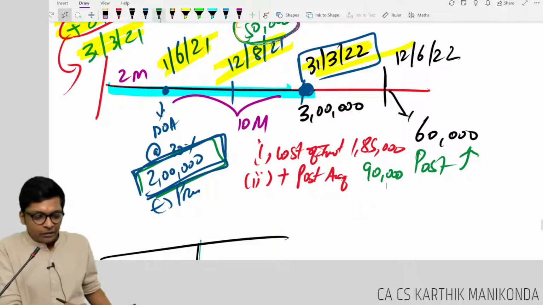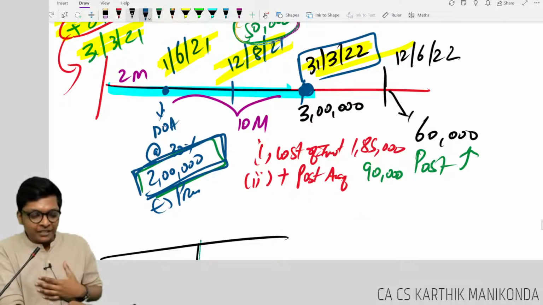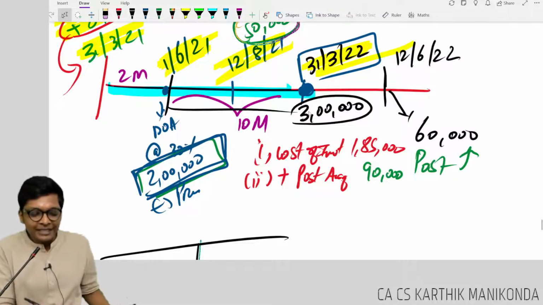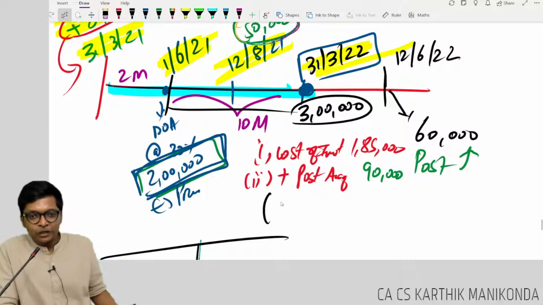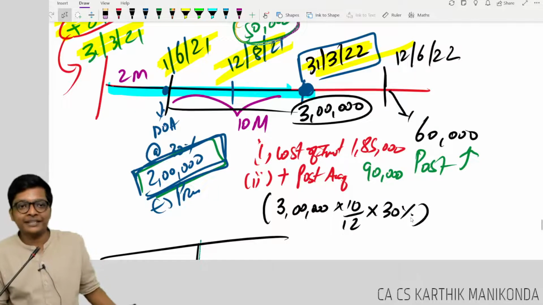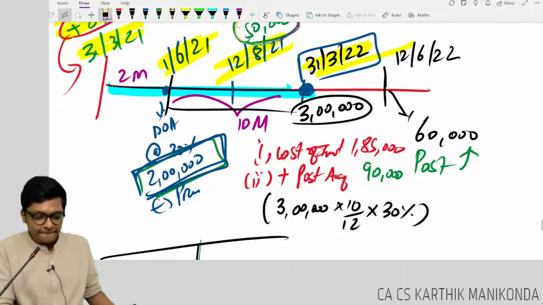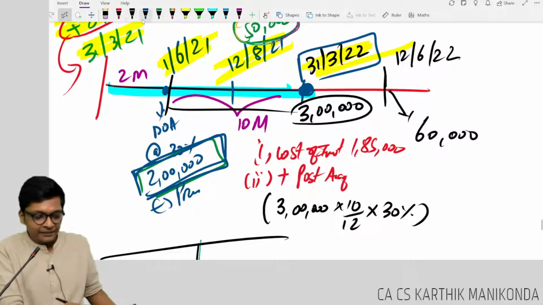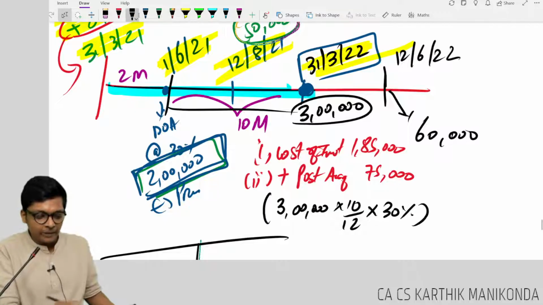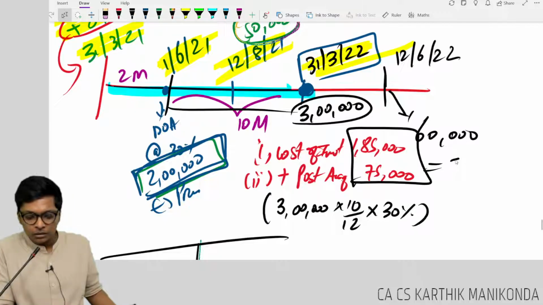Now, I told you while reading the question itself, 3 lakhs is for the whole year, but post-acquisition is only 10 months. So I will do it like this. 3 lakhs into 10 by 12 into 30%. Are you following guys? How much? 75,000 I will add. So what is the value of investment guys? 2,60,000.